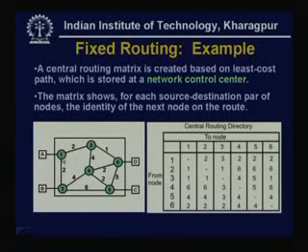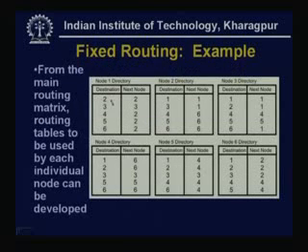Essentially, for a given destination, the next node to which it has to be forwarded is stored in this directory. That means if the destination is 2, the next node to be forwarded to is 2. If the destination is 3, then the next node to be forwarded to is 3. So, this is the directory for node 1.